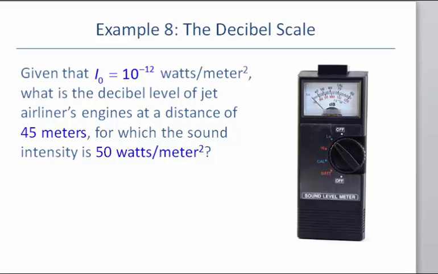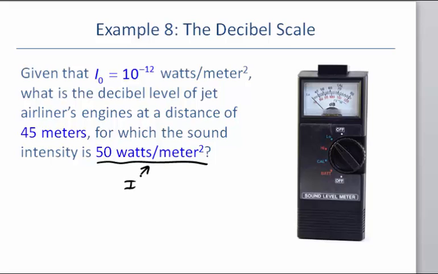So our example says, given that I sub 0 is 10 to the negative 12 watts per meter squared, what is the decibel level of jet airliners' engines at a distance of 45 meters for which the sound intensity is 50 watts per meter? So the intensity of this current sound is 50 watts per meter.